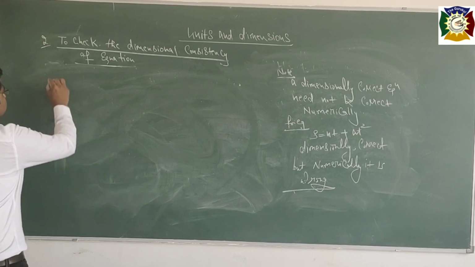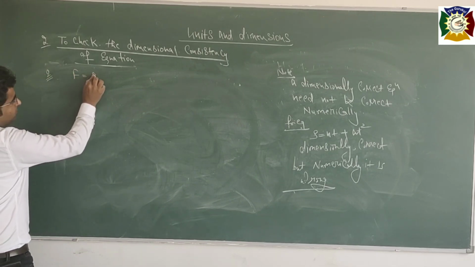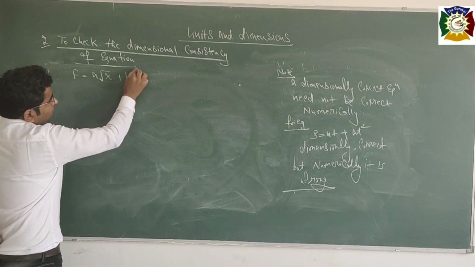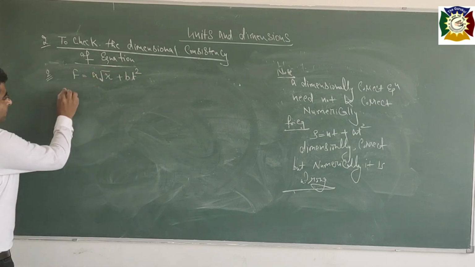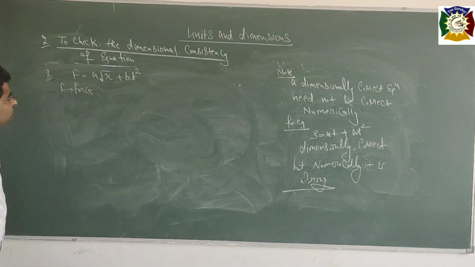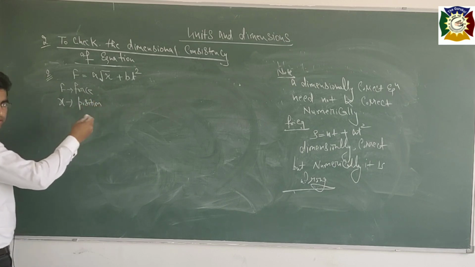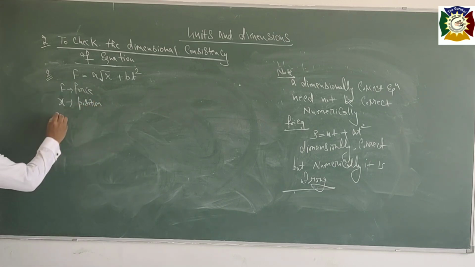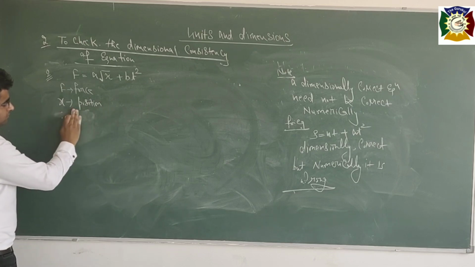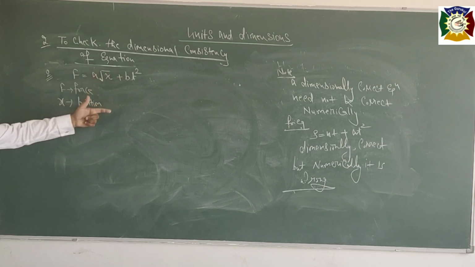Look, second, F is equal to a under root x plus b t square, where F represents force, x is position, you can take position as distance, and a, b are the values of which dimension you have to calculate.